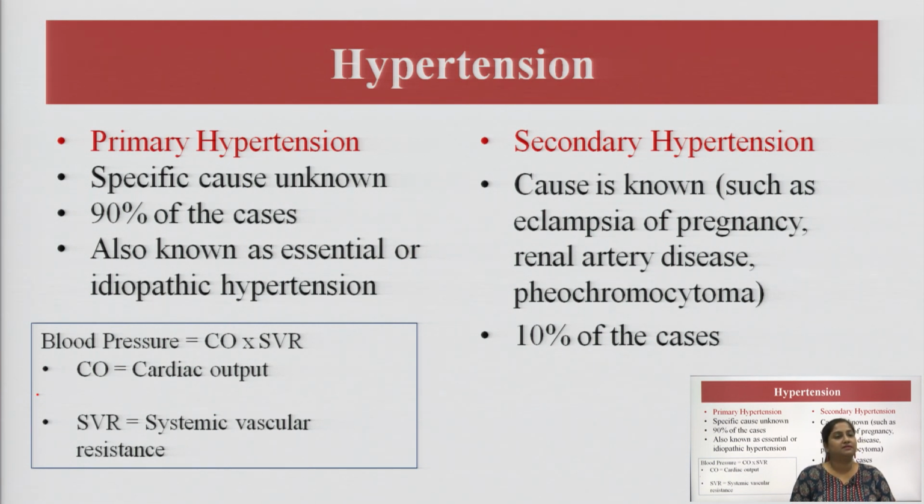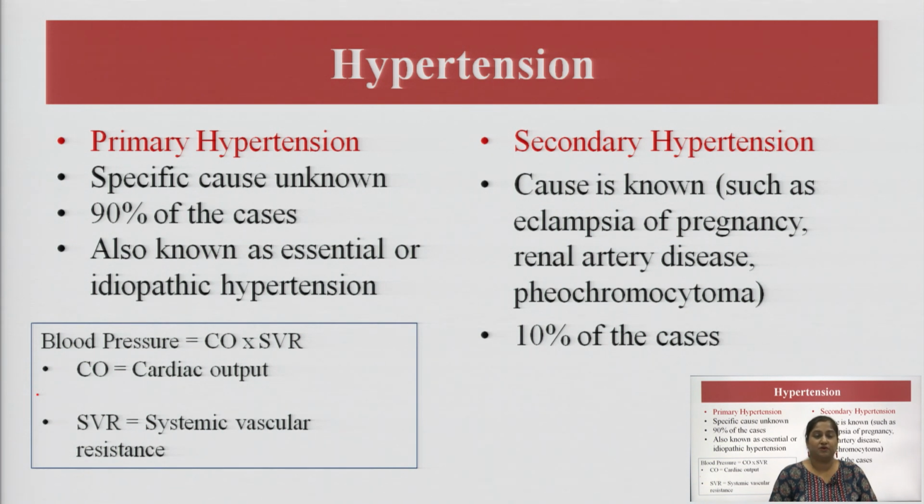That means it happens because of some associated health problem, and this type of hypertension starts later on, with some associated conditions. So, there are some conditions like eclampsia of pregnancy. You have heard that a pregnant woman becomes hypertensive.